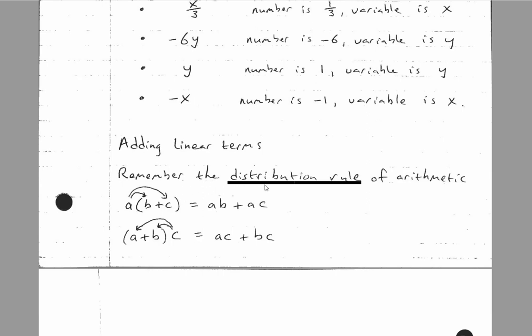For adding linear terms, we need to remember the distribution rule of arithmetic. So here we have a sum b plus c in parentheses, and it's multiplied by a. So this situation really means the a is multiplying the b and the c.